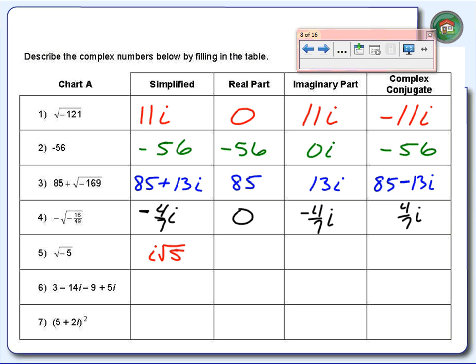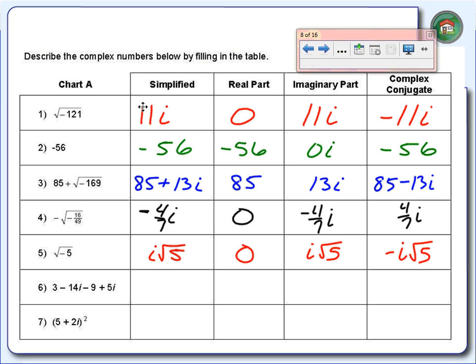Real part here is going to be a 0. The imaginary part would be the, what? i square root of 5. And the conjugate of that would be negative i square root of 5. We're always taking the opposite of the imaginary part.